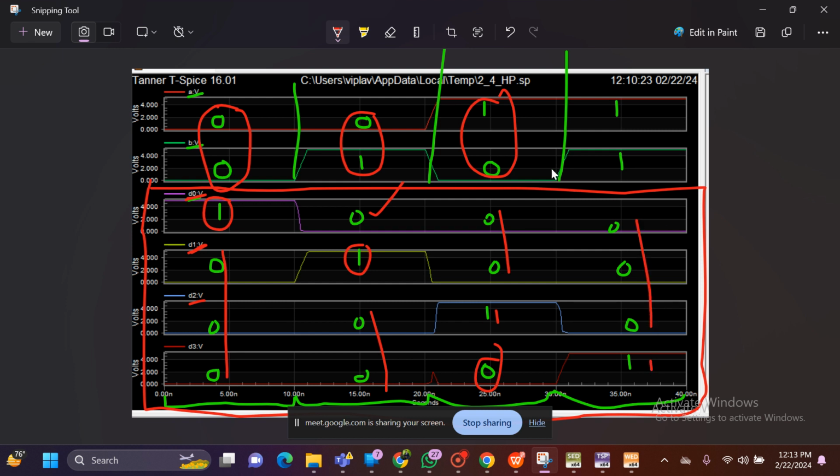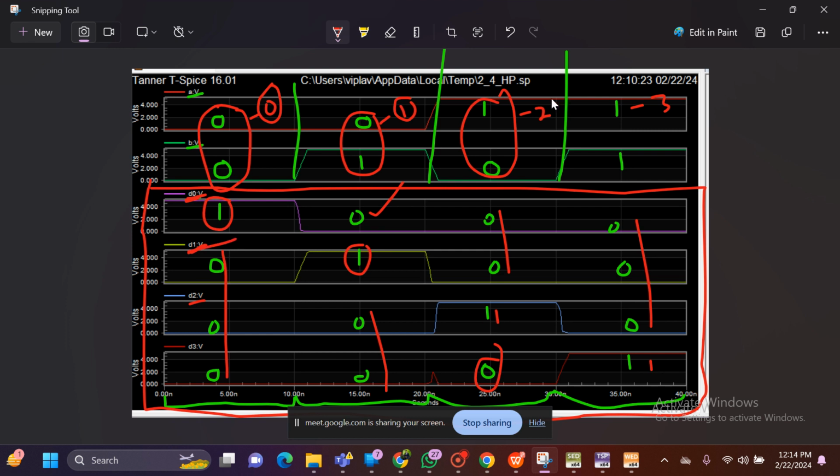And again one shortcut I will let you know. 0 0 in binary is nothing but decimal 0. 0 1 in binary is decimal 1. Okay. So this is 2, this is 3. Okay. So this is a 0, so that's why the D0 pin is enabled. It is a 1, that's why the D1 pin is enabled.